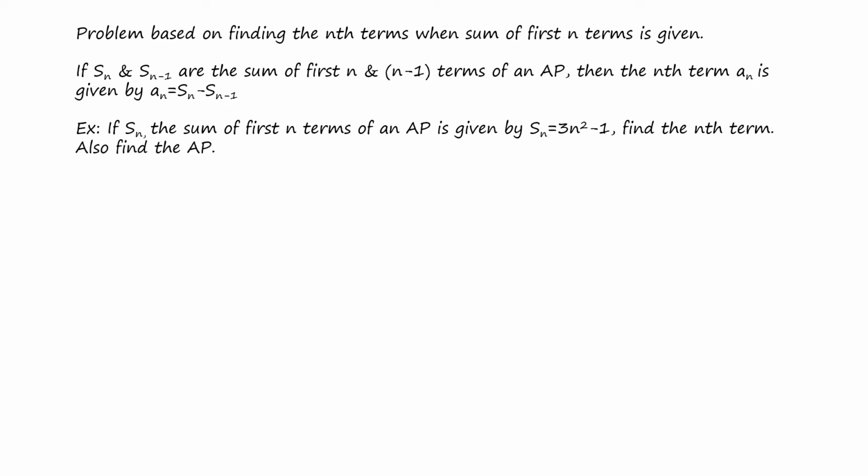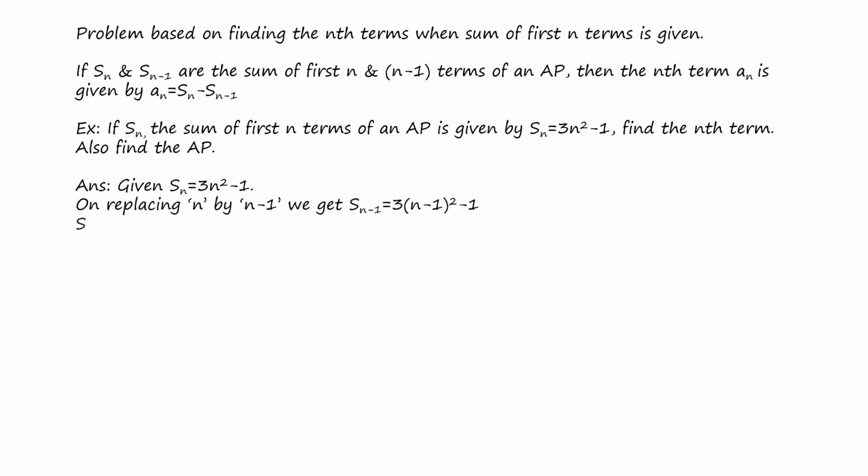If Sn, the sum of the first n terms of an AP, is given by Sn equals 3n square minus 1, find the nth term and also find the AP. Let's go for solving it. Given that Sn equals 3n square minus 1, on replacing n by n minus 1, we get Sn minus 1 equals 3 into n minus 1 whole square minus 1, which is equal to 3n square minus 6n plus 2.